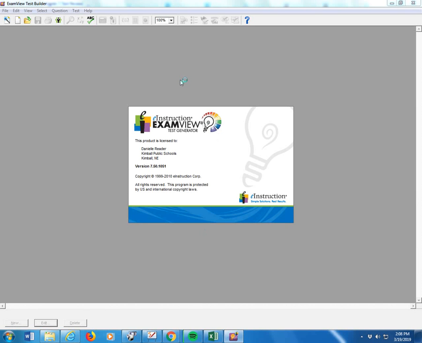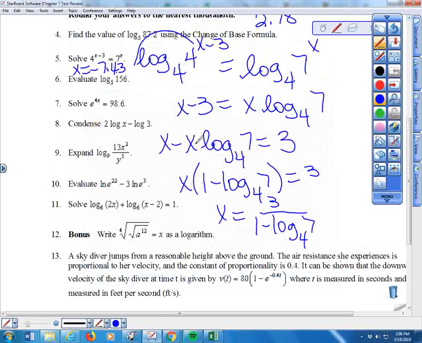Oh, it's right here. Okay. Yes, I got it right. Negative 7.43. Okay. I hate to do all that work and then wonder if I'm teaching it right.